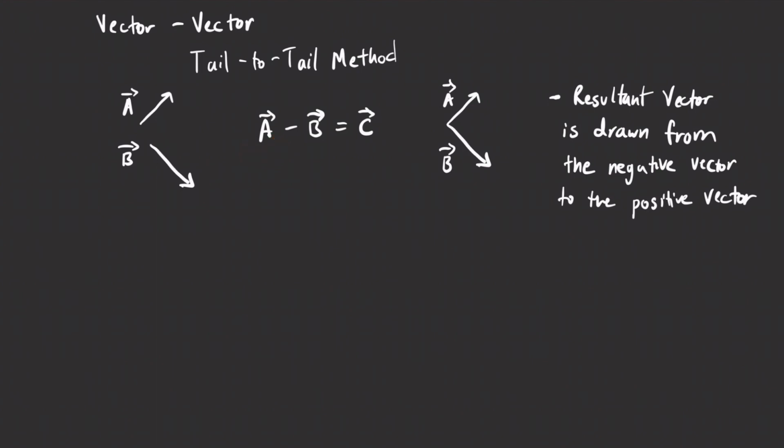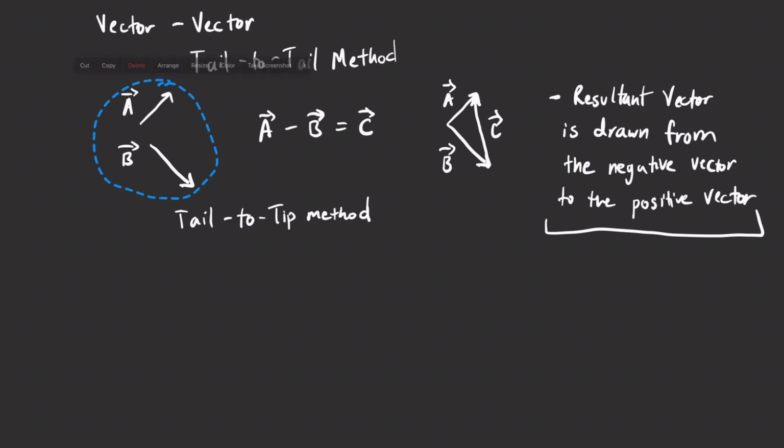So when we draw the resulting C vector, we draw it from the negative side, which is B, up to A. Now an easier way to solve this without having to use this rule is converting the vector subtraction into vector addition and using the tail to tip method. So once again, I'm going to go ahead and copy these vectors down.